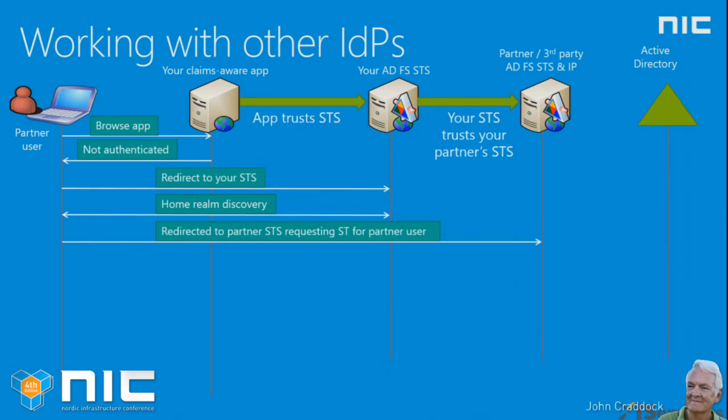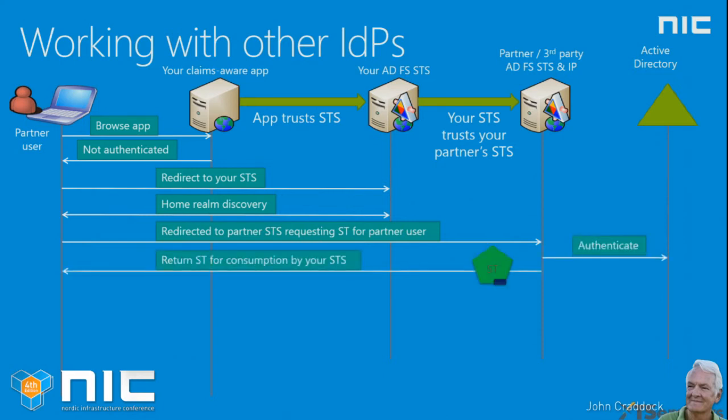But we'll say that this one authenticates you against the AD, produces a security token, and that security token is populated with claims, not for the application, because that STS doesn't know anything about the application. What it knows about is the other security token service. So it populates with claims for this security token service. So that token goes back to our security token service.